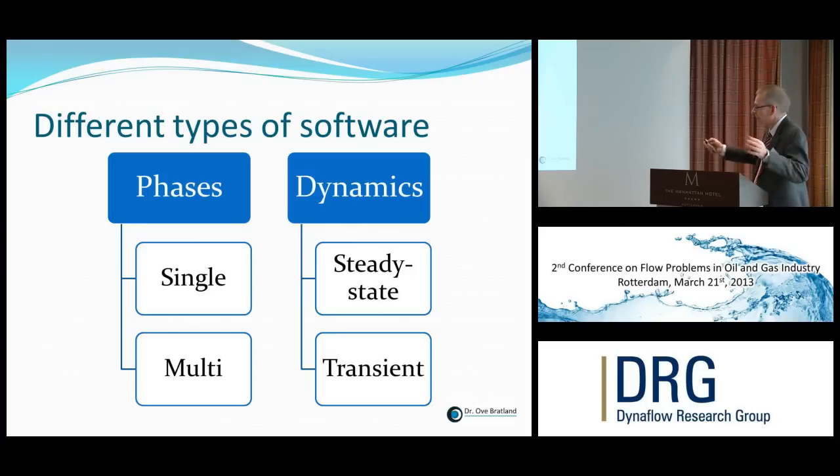But full multi-phase simulators, that's Olga and Dynaflow, or the commercially available ones. And they can be only steady state, or they can be transient. There are several other steady state ones, but the transient ones are considered more advanced. They give you more information, they are likely to be more accurate, and they are likely to be more expensive.